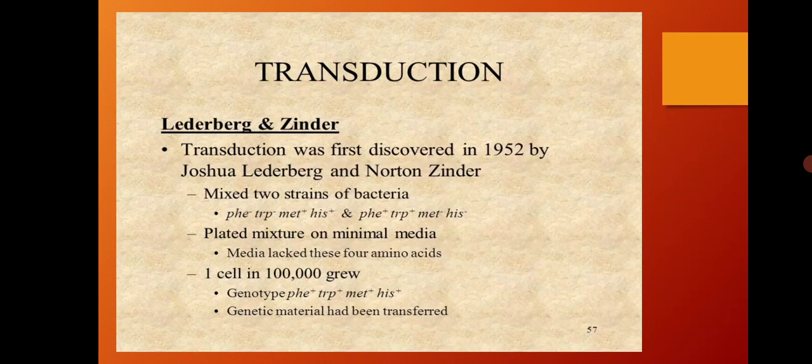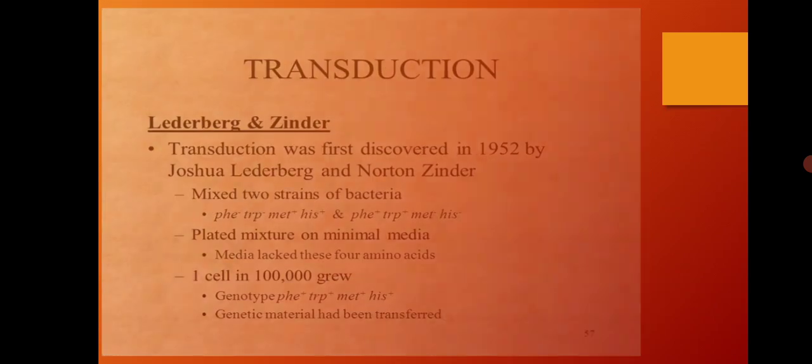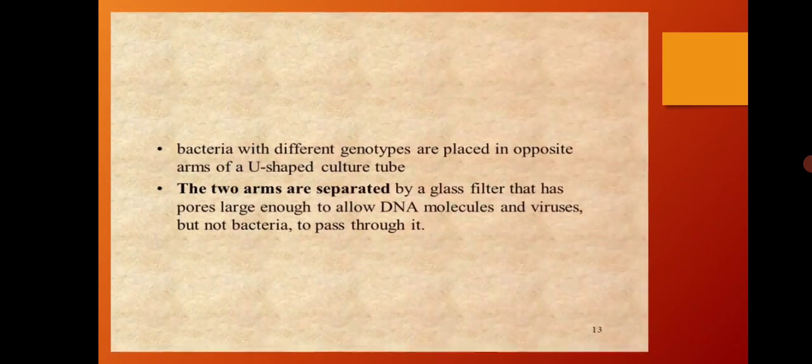One strain was unable to produce phenylalanine and tryptophan, and was able to produce methionine and histidine amino acids. The other strain, B, was the opposite of strain A. It was able to produce phenylalanine and tryptophan, and unable to produce methionine and histidine. So these two strains were there.